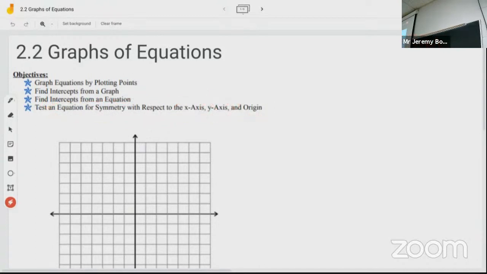You may not even know what the origin is, but we'll talk about that. That last one is the more difficult part of this section, I would say. Testing for symmetry from a graph is not tough, but doing it from an equation is a little bit more difficult.